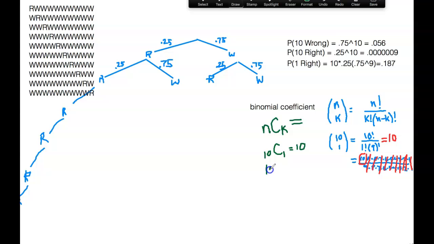So the next question would be, what's 10C2? How many different ways can we get 2 questions right?